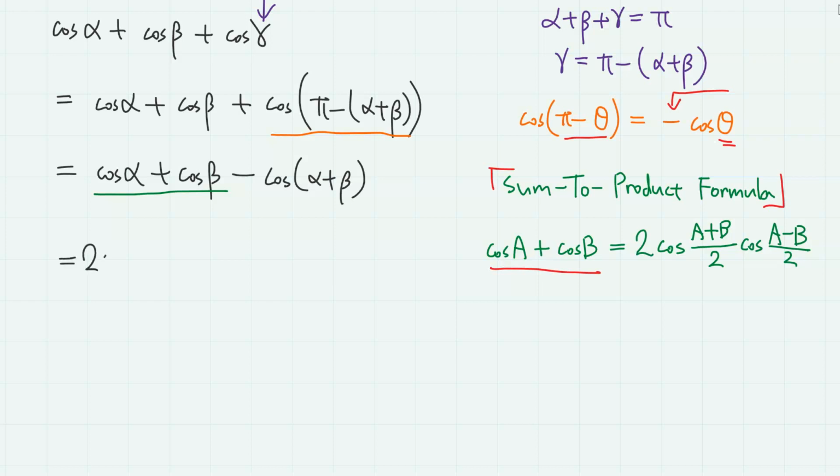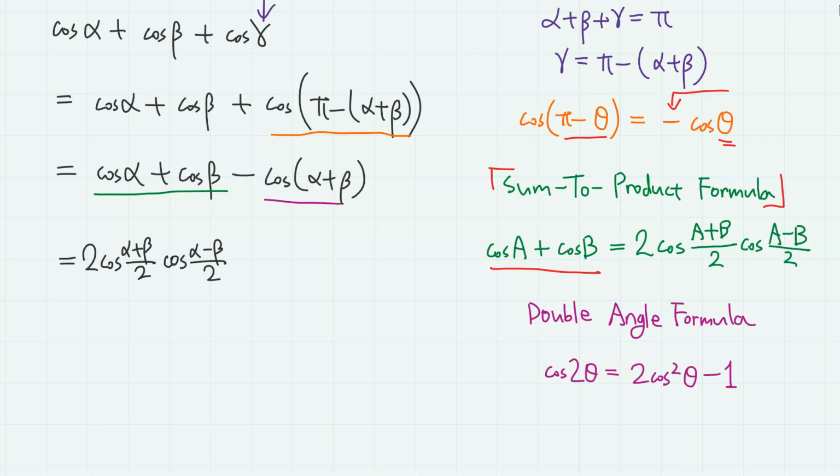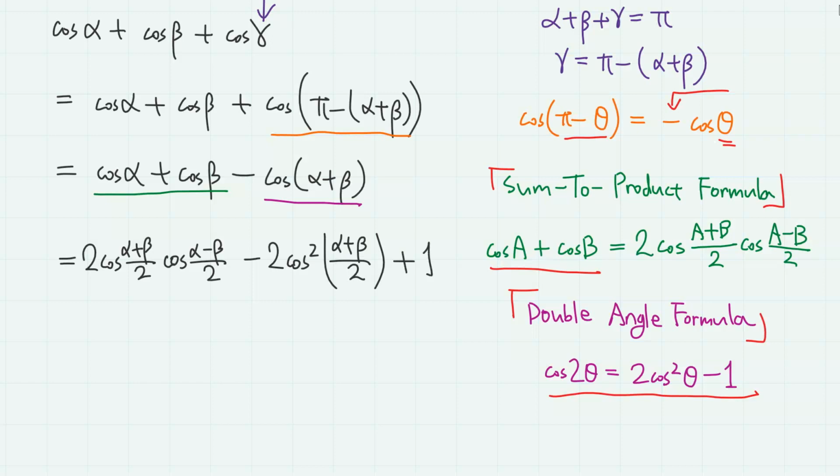So we have 2 cosine (alpha plus beta) over 2, cosine (alpha minus beta) over 2. And for this part, we apply the double angle formula for cosine, especially cosine 2 theta equals 2 cosine squared theta minus 1. So we have minus 2 cosine squared of half the angle, so (alpha plus beta) over 2, and plus 1.